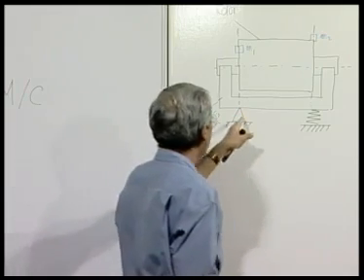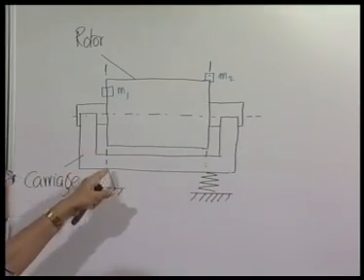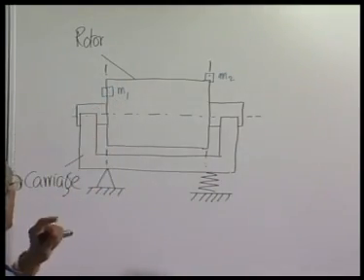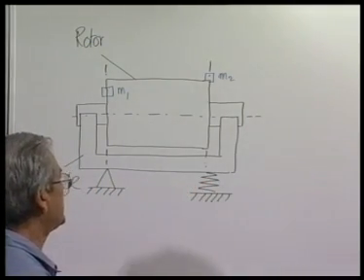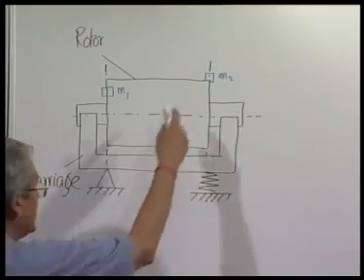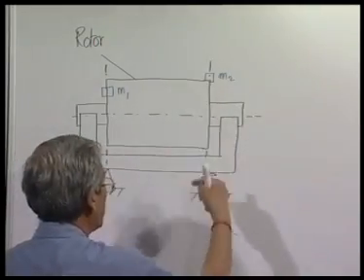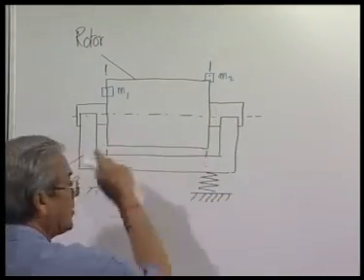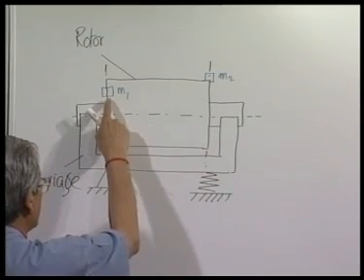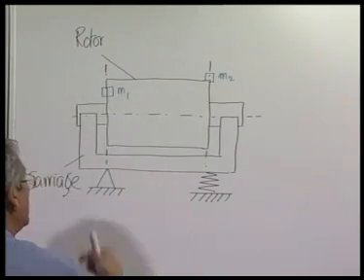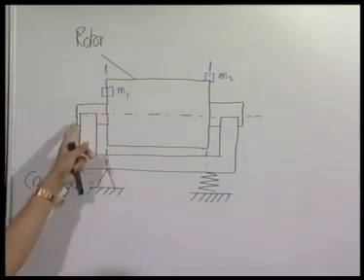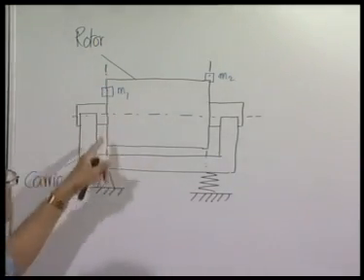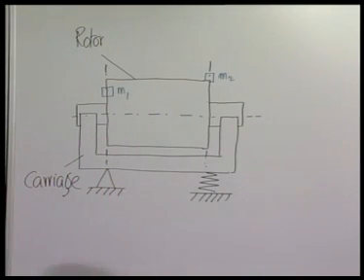Now, if we put the pivot on plane 1 or just under plane 1 and support the carriage by a spring at the other end, then the effect of the unbalanced force produced by m1, which represents the unbalance of the rotor in this plane, will be nullified because this point is hinged.